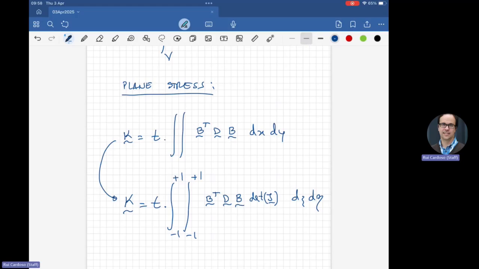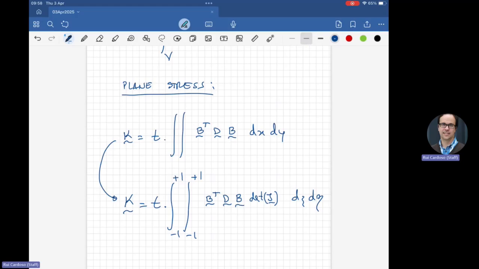Now this one, plane stress, the reason why I'm doing it is because it is in 2 dimensions, right? And also I want to introduce numerical integration, this isoparametric coordinate system, which is ideally used in FEA. It's not only plane stress elements that use this isoparametric approach we are doing here, this parametric domain and physical domain. 3D elements, hexagonal elements, the shell, plate elements, they all use this kind of approach, right?